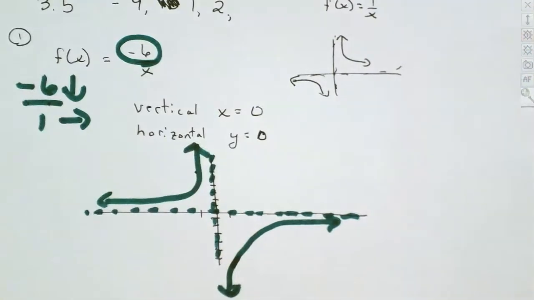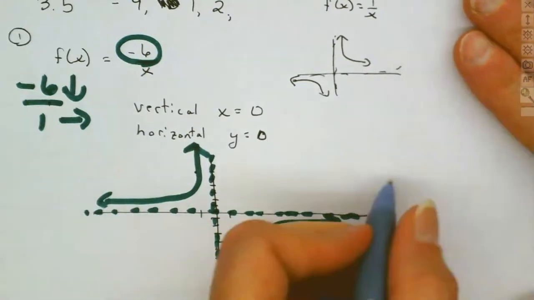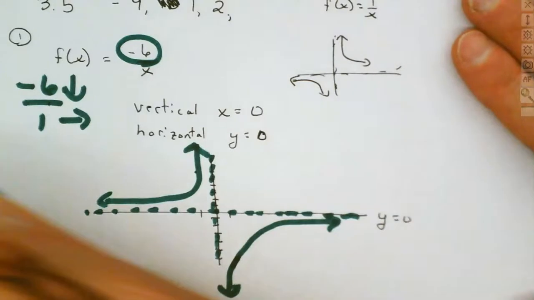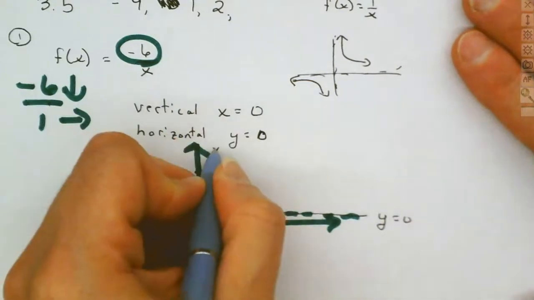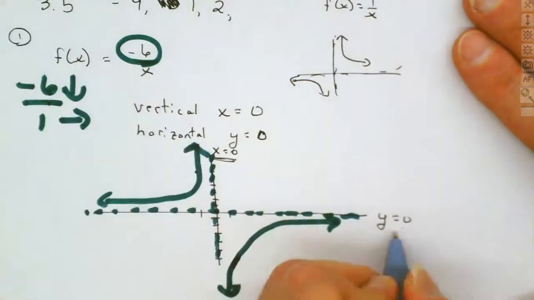There is your graph, right? So that one's a very, very simple one. All we had to do was find the vertical and the horizontal. The horizontal is right here at y equals 0, and the vertical is right here at x equals 0.